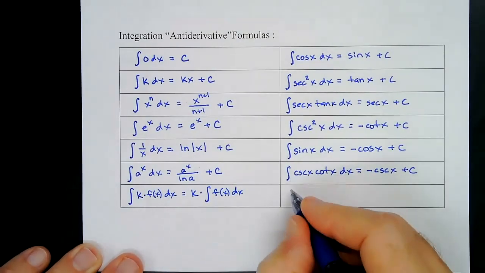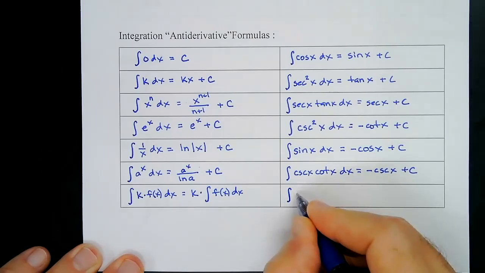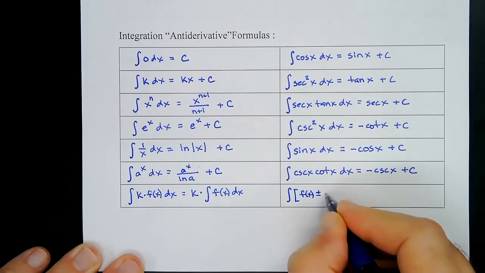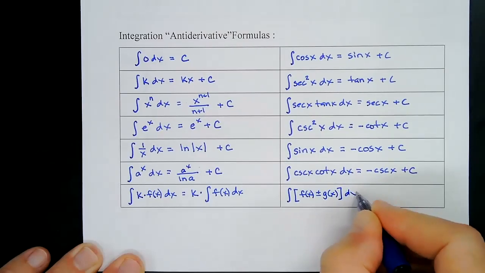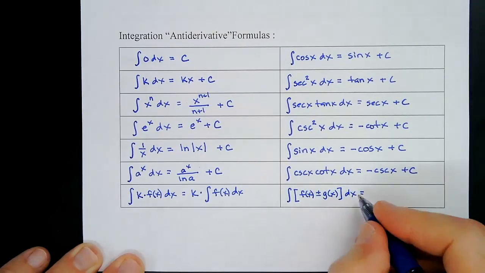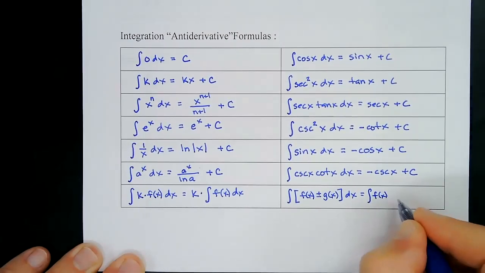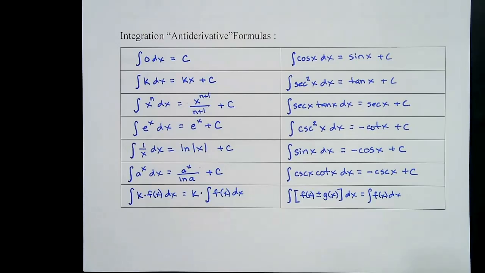And then the last thing we can do is this. If we have the integral of f of x, I'm going to put a bracket around this, f of x plus or minus g of x dx, we can break this up into the integral of f of x dx. So we can do them separately, just like derivatives, okay?